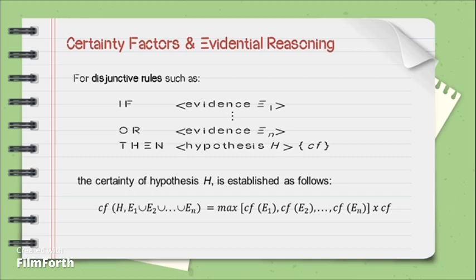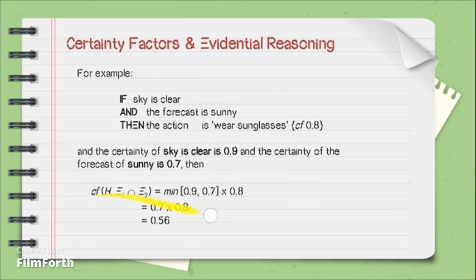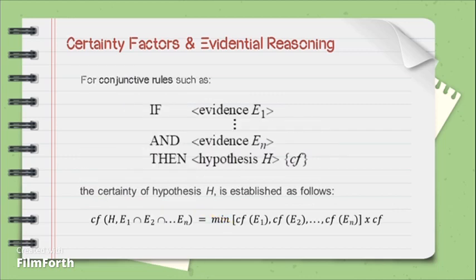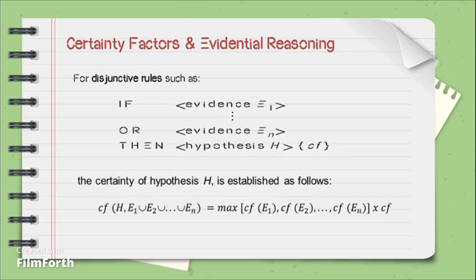The OR logic here is to find the max value of the evidence. So the difference between AND and OR is that AND logic finds the minimum value of the evidence, while OR gets the max of the evidence.